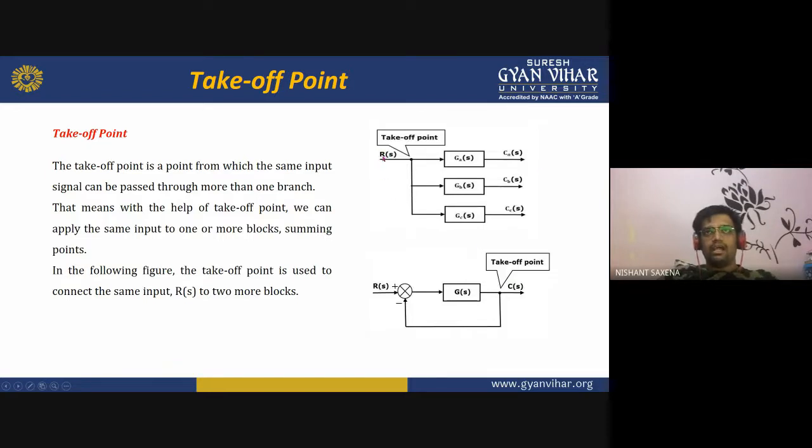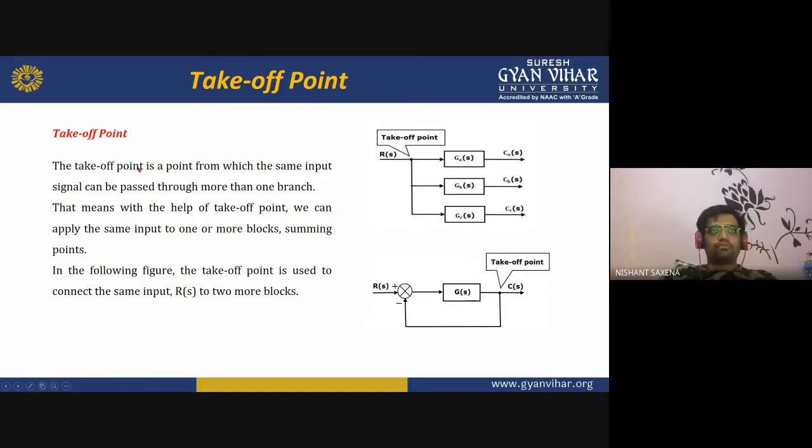We are having one input R(s), and from this node we are having 3 different paths. G_A, G_B, and G_C are the 3 different transfer functions which are taking the same input R(s). So this point, which is basically giving the same input to the different sections of the block diagram, is called a takeoff point.